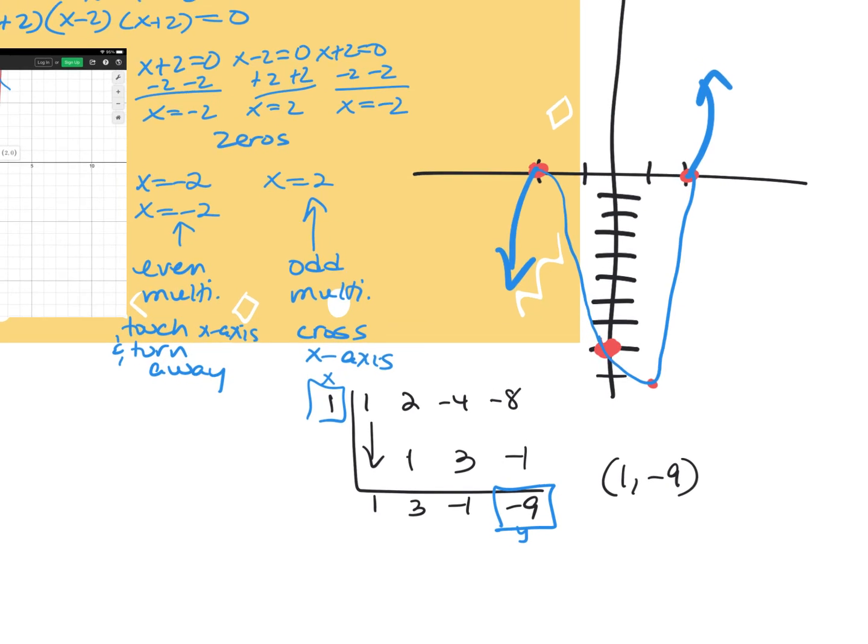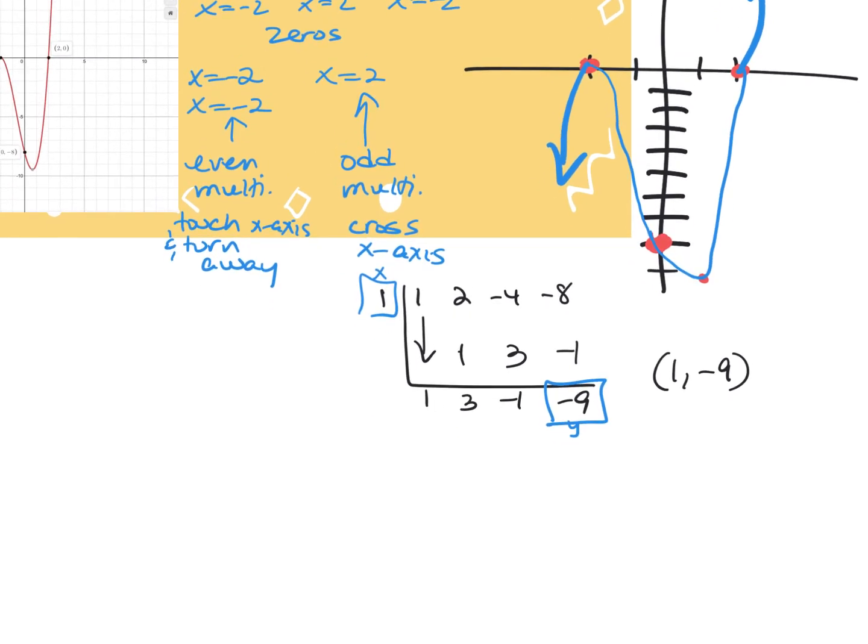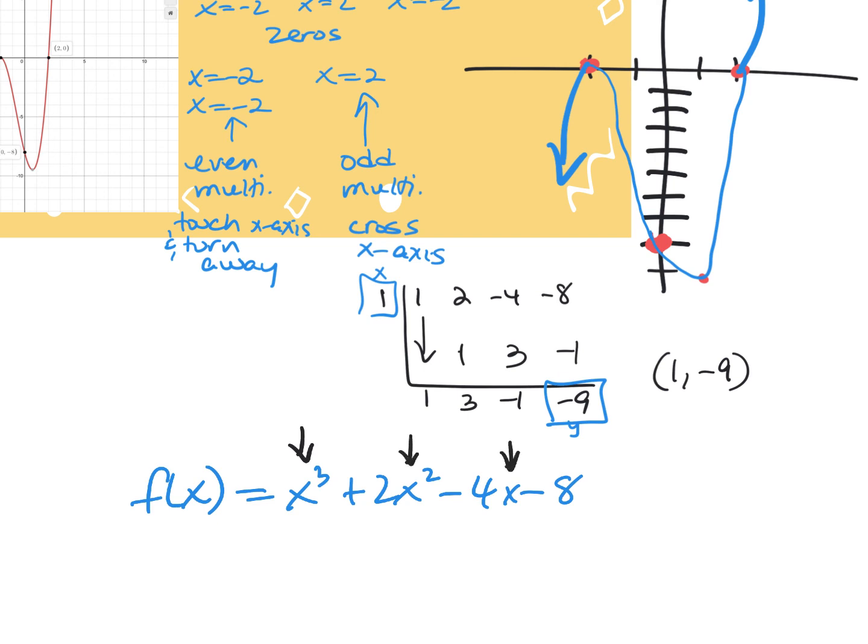Now, I could have also taken my original equation, the f of x, x cubed plus 2x squared minus 4x minus 8. I could have also plugged in 1 for each of these x's and gotten my y that way as well.